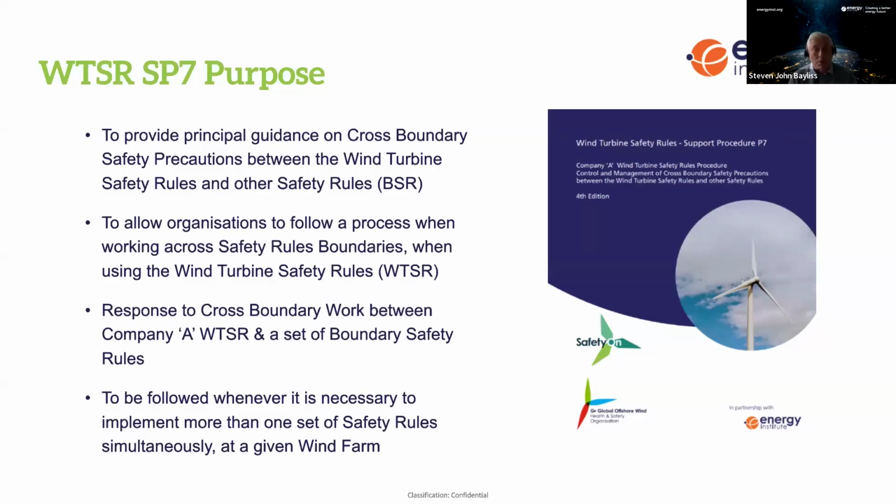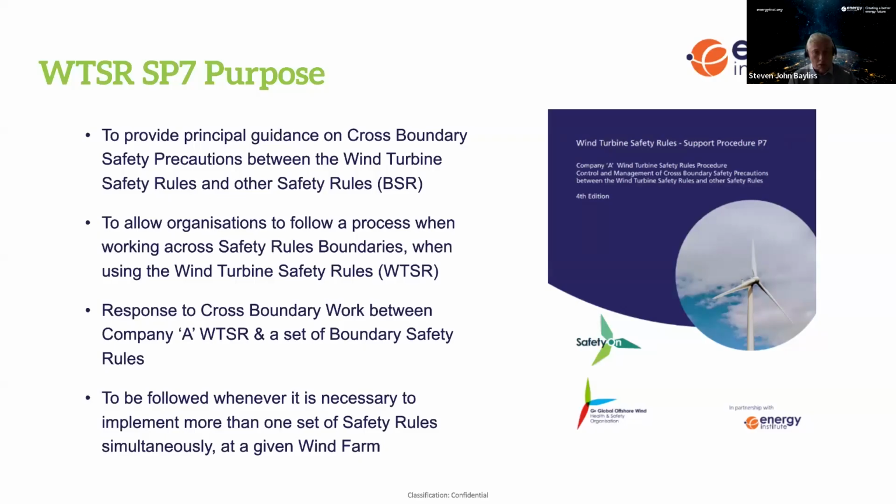So to provide principal guidance of cross-boundary safety precautions between the wind turbine safety rules and other sets of rules, primarily that would probably be the HV set of rules. It also is to allow organizations to follow a process when working across the safety boundaries when using WTSR.